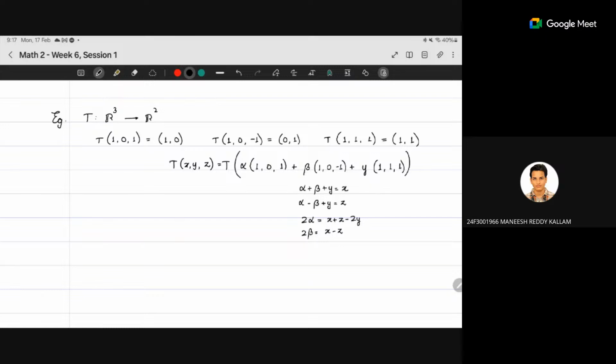Sir, could you do it in a traditional method and explain why you have taken the last one as y once again? Okay, cool. Let us do alpha, beta, gamma. What are the equations?